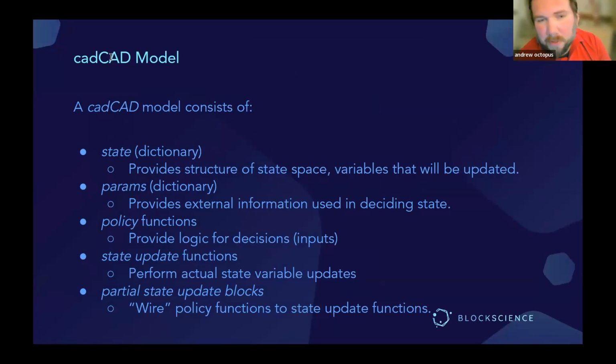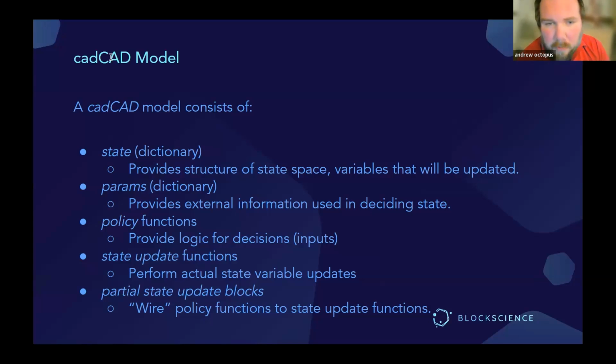In the Python representation, it has a state, which is a dictionary. Each key in the dictionary is a variable in the state space, and the value for that key is the value of that variable at a given moment in the evolution of the system.